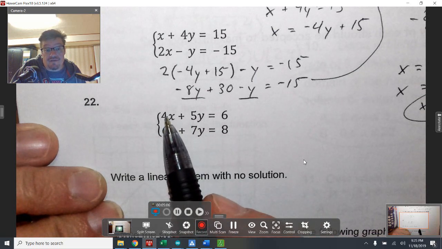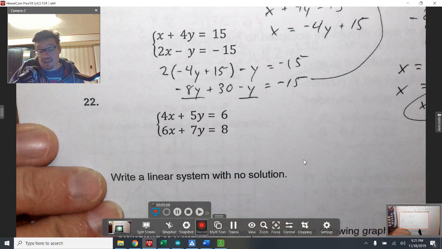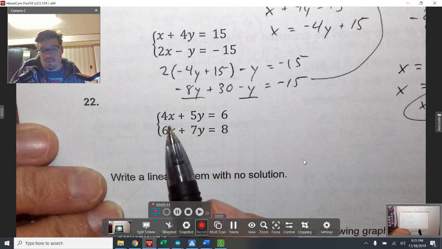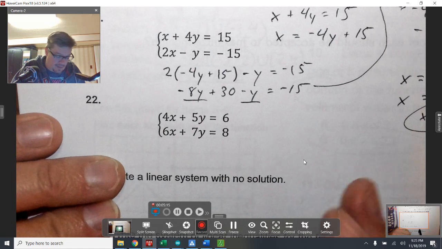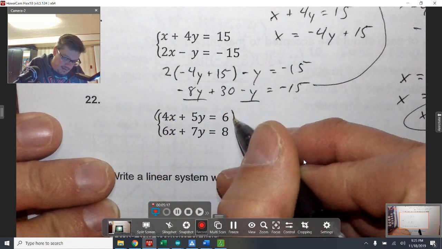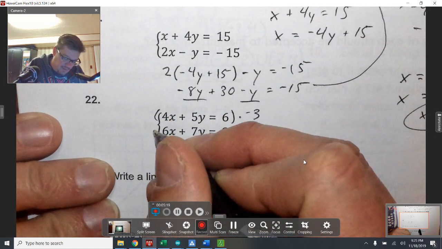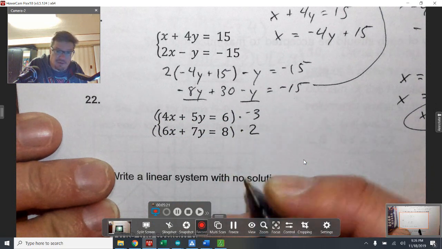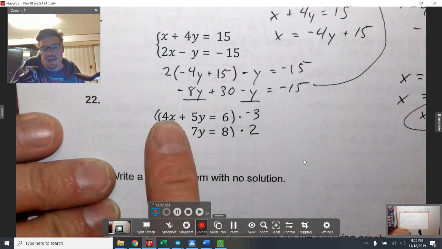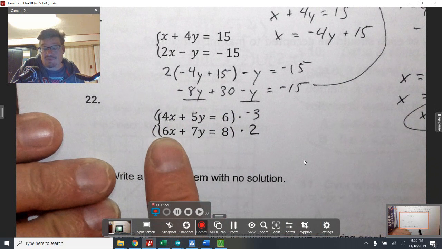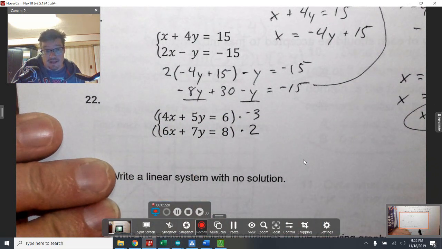Since 4 and 6 will actually go into 12, that's a little closer. So I'm going to go ahead and get rid of the x's first and solve for y. If I multiply this top line by negative 3 and this bottom line by 2, I will be able to produce a negative 12 here and a positive 12 here. And that's great. That's how they'll cancel out.